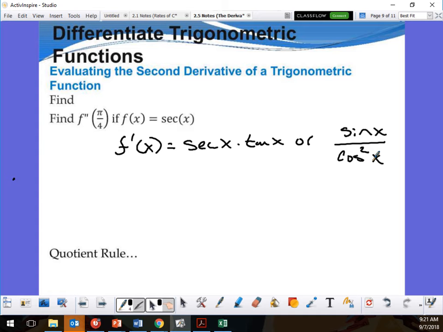Okay, so what do you want to do? Let's do product. Okay, so f double prime of x. So derivative of secant is secant tangent, plus secant times derivative of tangent, secant squared.